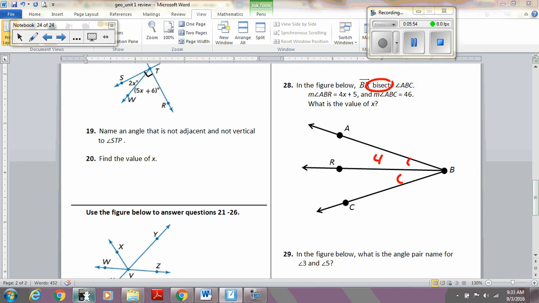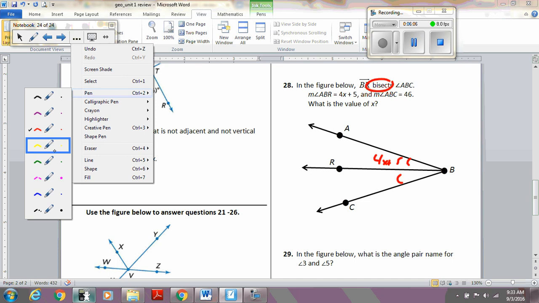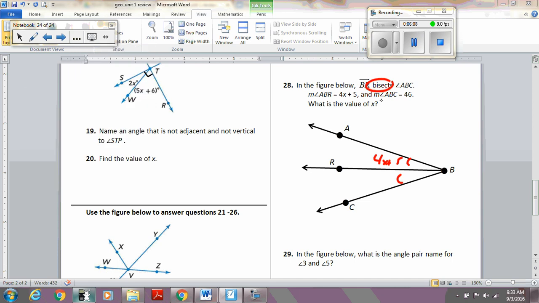So let's label it. And it tells us the measure of angle ABC, which was the big angle. It's 46. So ABC is this angle here. Find the value of x.